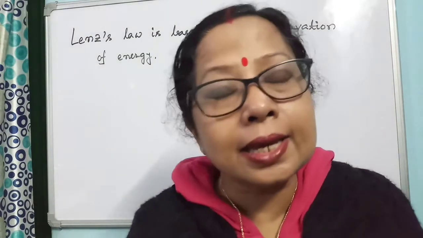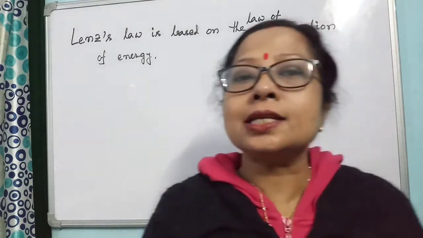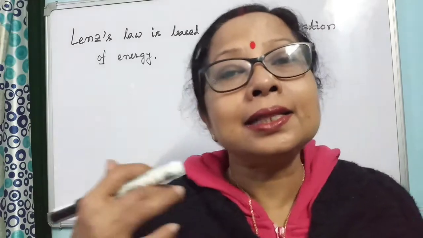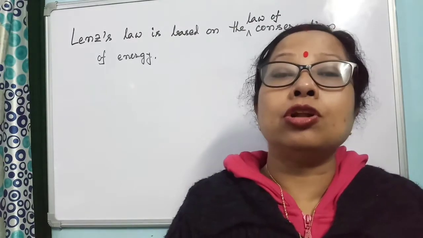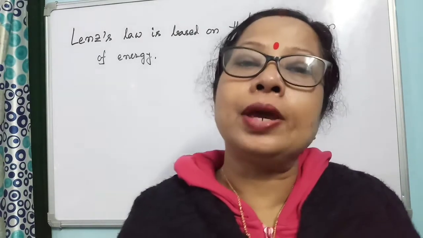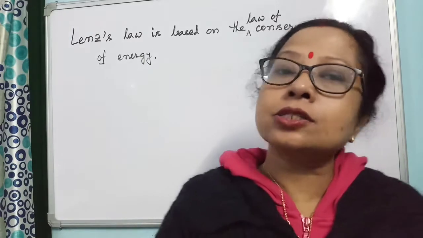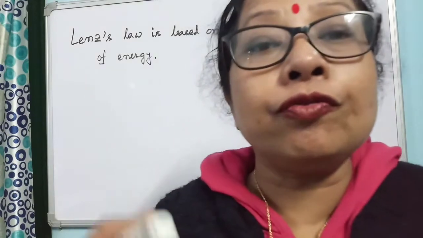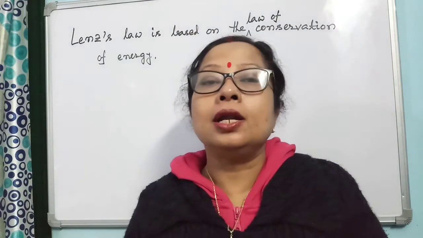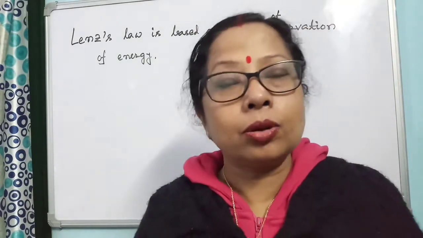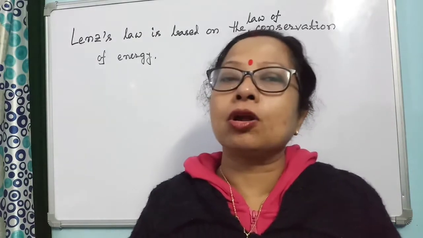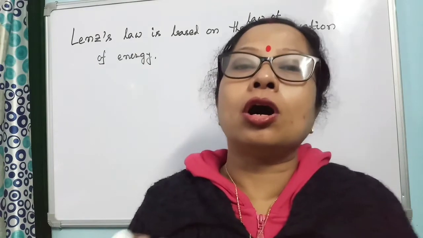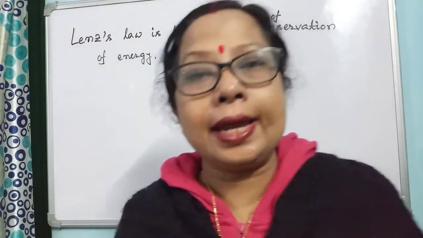So Lenz's law is nothing but another statement of the law of conservation of energy. You have to remember this concept, because a question comes like this: on which conservation law is Lenz's law based? Lenz's law is based on the law of conservation of energy.